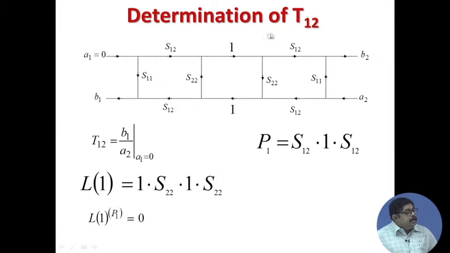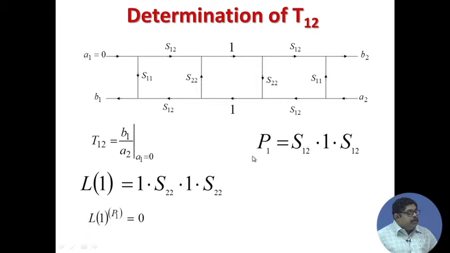Then determination of T12. What is the definition? A1 should now be 0. So, we are putting A1 as 0, and we will have to find B1 by A2. B1 is this, A2 is this. So, from A2 to B1, how can we come? One path I am seeing directly. So, P1 is S12, S12. Is there any other path? Can I go here? No, this is blocked. Then this is also blocked.